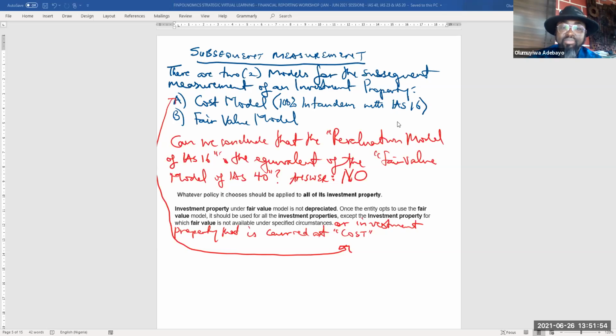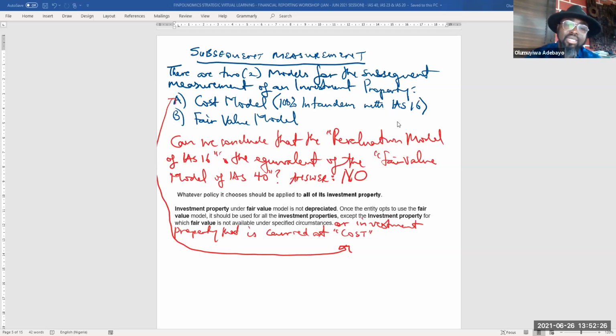Yes, you might be right, but you must also understand that not recognizing it at fair value does not change the fact that you will still benefit from such capital appreciation upon disposal, which means what you have not recognized over time, you will recognize only upon disposal. It doesn't deprive you of the commercial substance of you holding such an investment property.